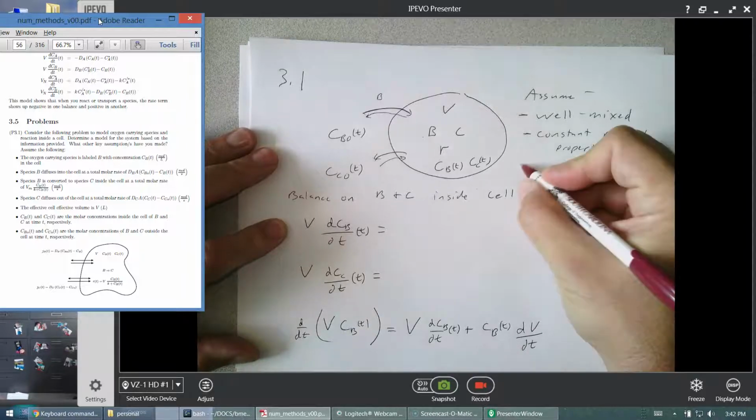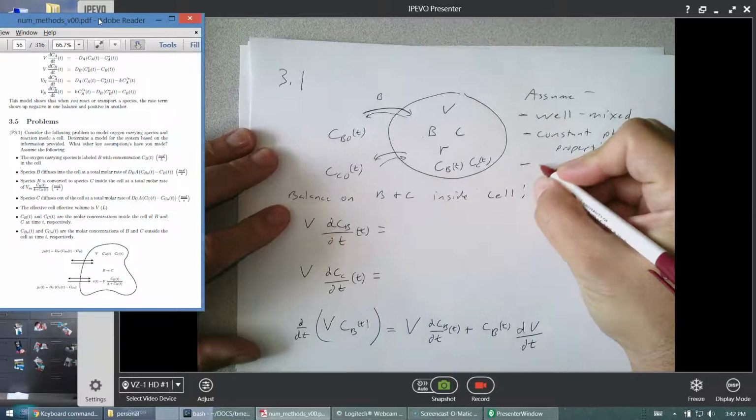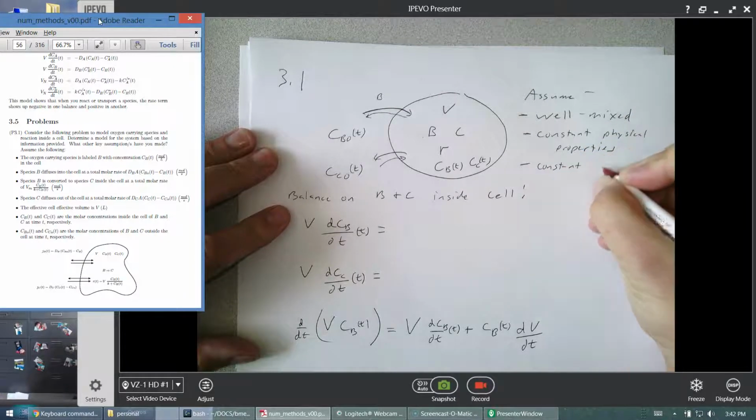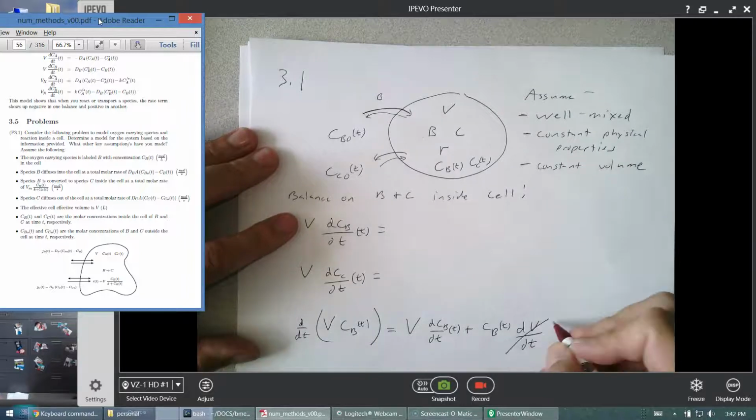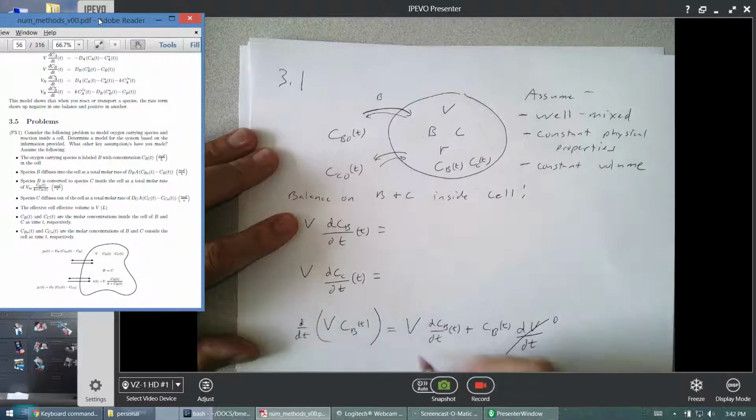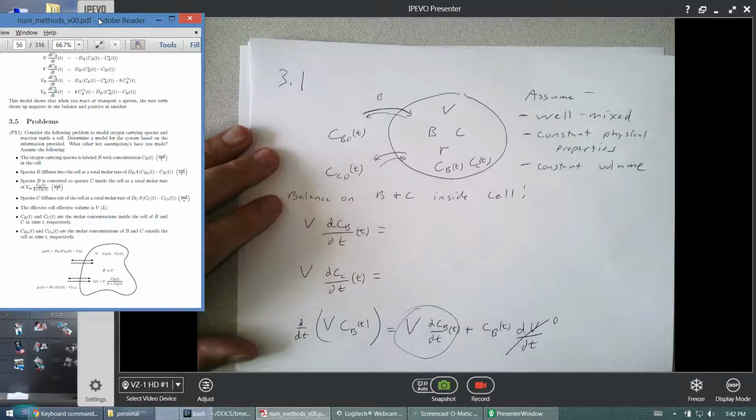So I guess one of our other assumptions should be constant volume, which again is not necessarily a great one for the cell. We always assume the volume is constant for these. It goes to 0, so we only end up with the accumulation rate of V times the rate of change. So we have to figure out the rates that go on the right-hand side of these two equations now.